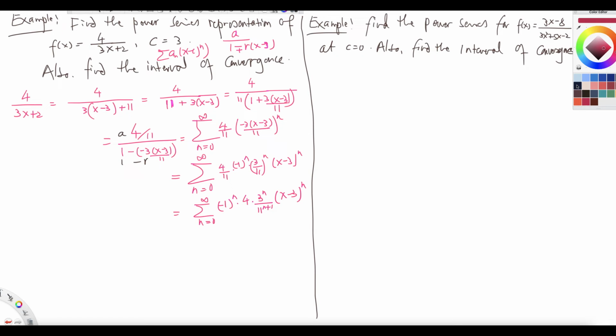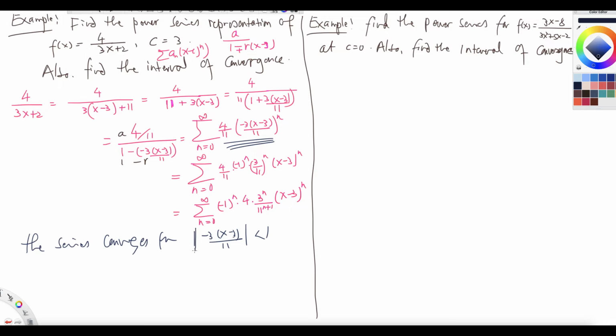Now, how do I find the interval of convergence then? For the interval of convergence, the series converges, because this is a geometric series, when the absolute value of r is less than 1, right? The series converges for the absolute value of negative 3 times x minus 3 over 11 less than 1.